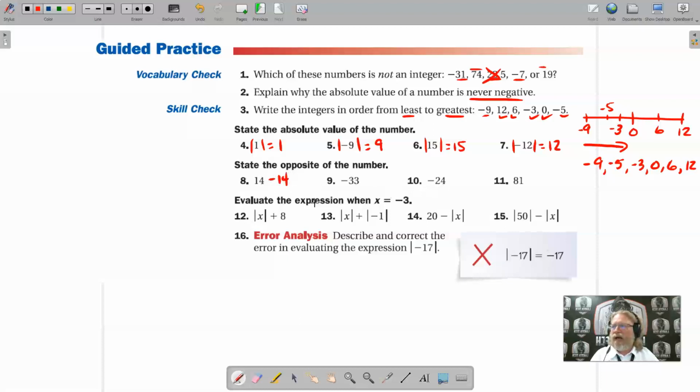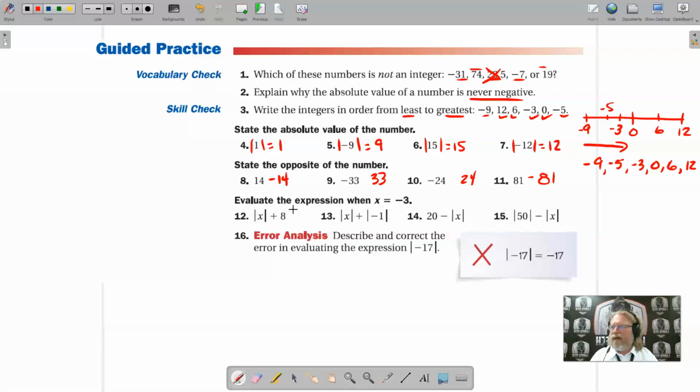So 14, opposite's -14. 33, opposite of positive 33 is -33. What's the opposite of -24? 24, it was negative, now it's positive. And what's the opposite of 81? Well, let's write the 81, throw a negative sign in front of it, -81.